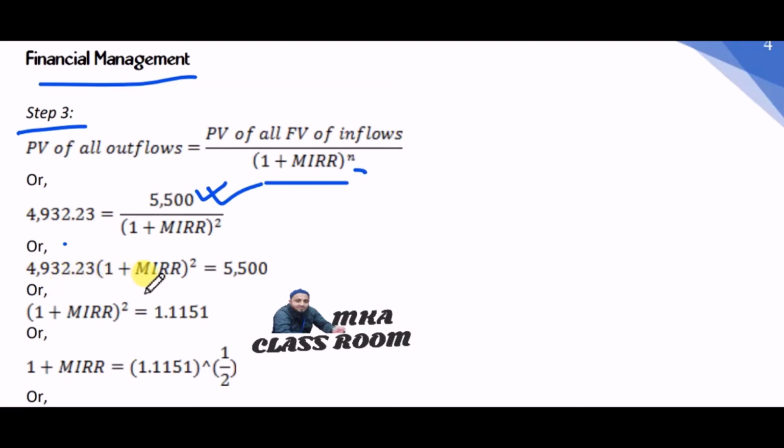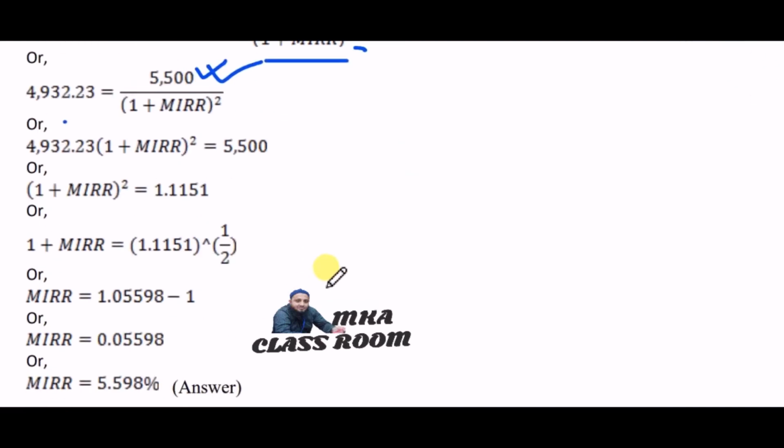then we find 4932.23 times 1 plus MIRR power 2 equal to 5500. Then 1 plus MIRR power 2 equals 5500 divided by 4932.23. There is the value.